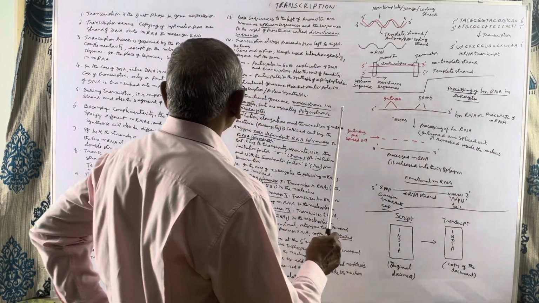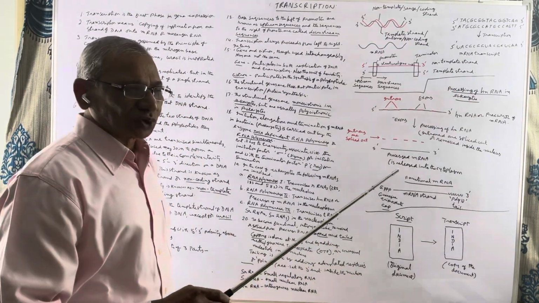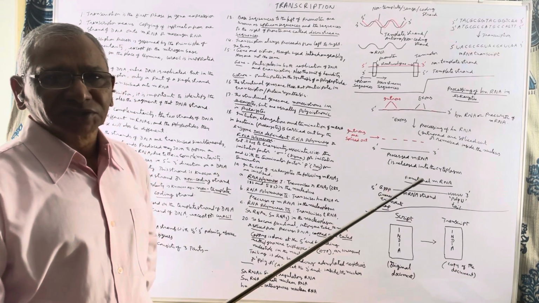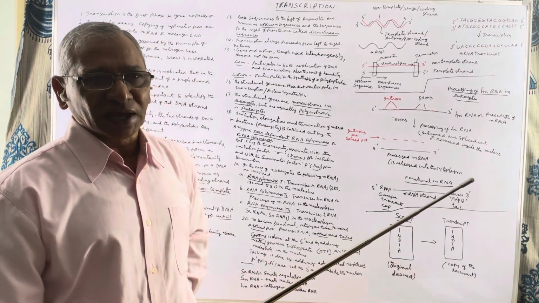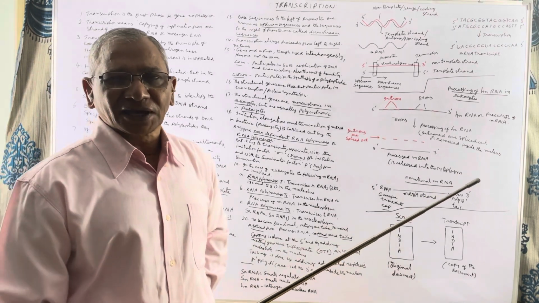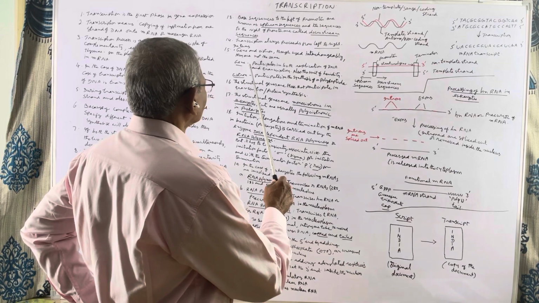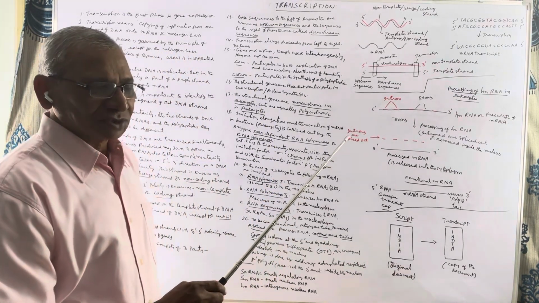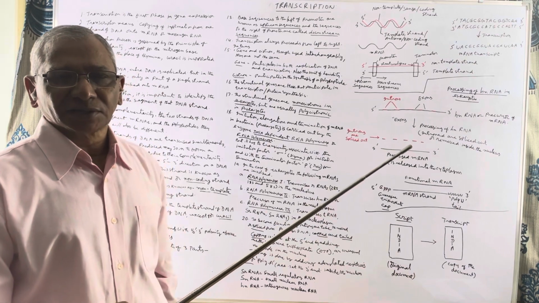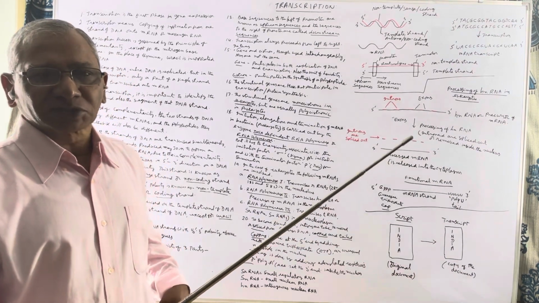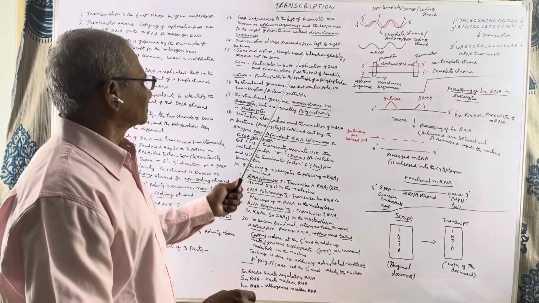Then we use two terms, cistron and gene, to convey the same meaning. Though we use them interchangeably, they are quite different. Genes are units of heredity. They participate in transcription and they also participate in replication of DNA.